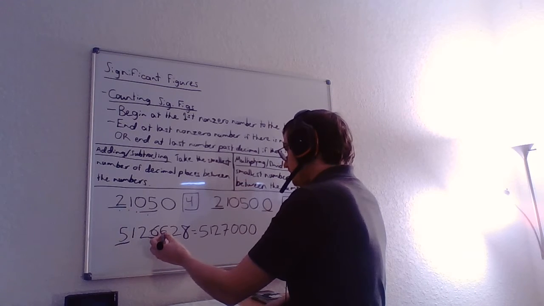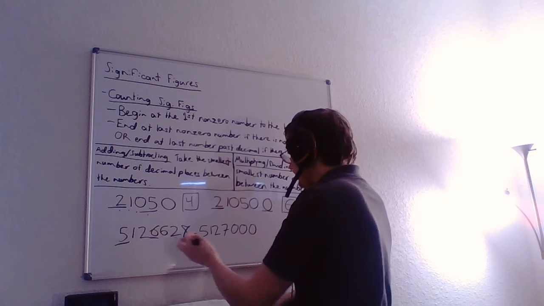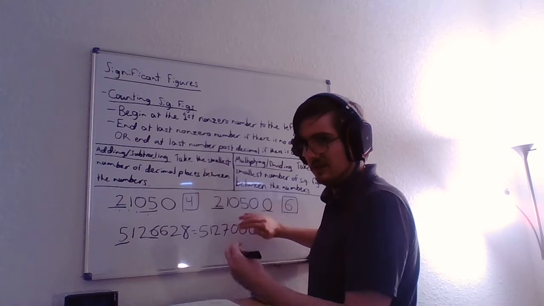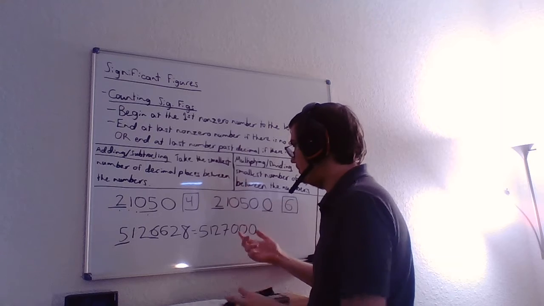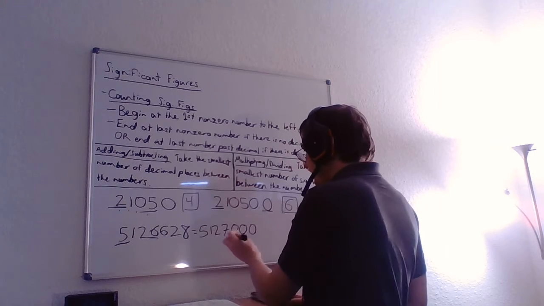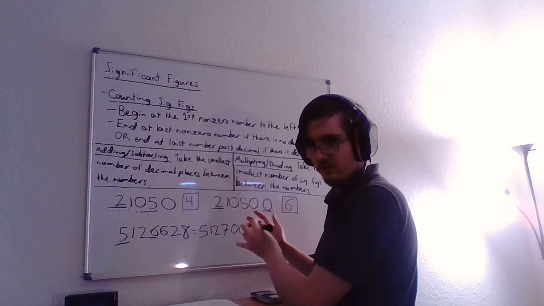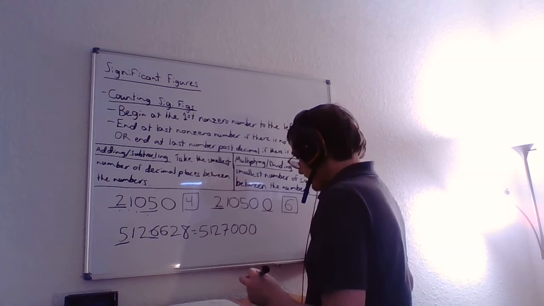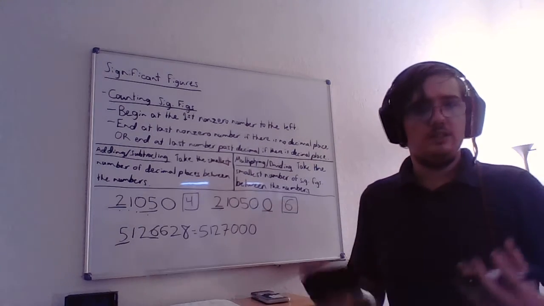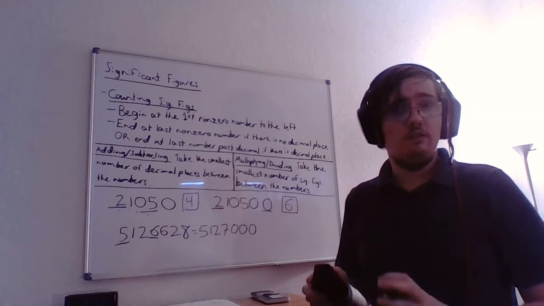Right here, this is 7 long. If you didn't put those zeros, this would only be 4 long. So that's quite a significant change. So you want to make sure that when you're rounding significant figures, all the numbers that you get rid of, you leave some placeholder for them. So that's basically the gist of counting significant figures and rounding significant figures.